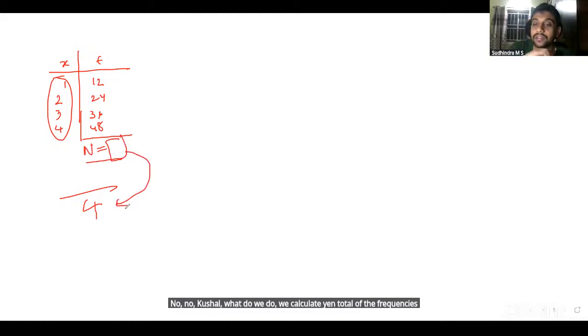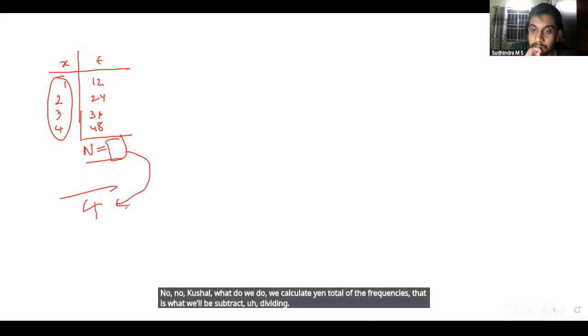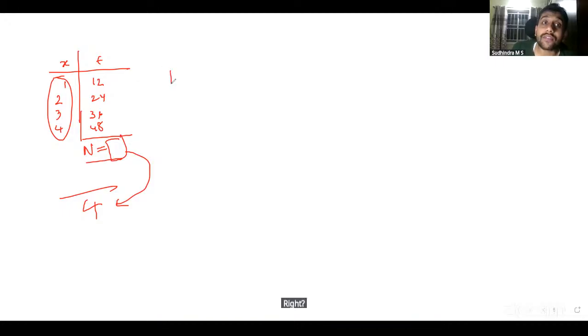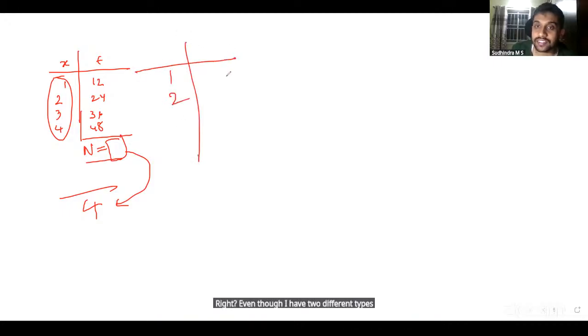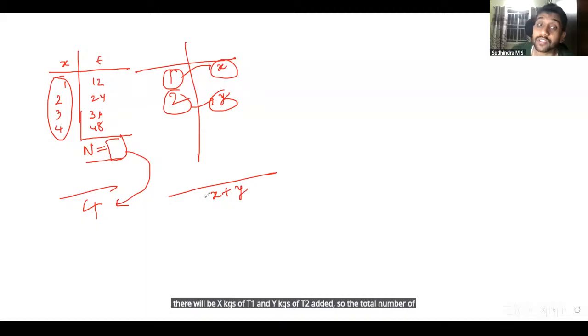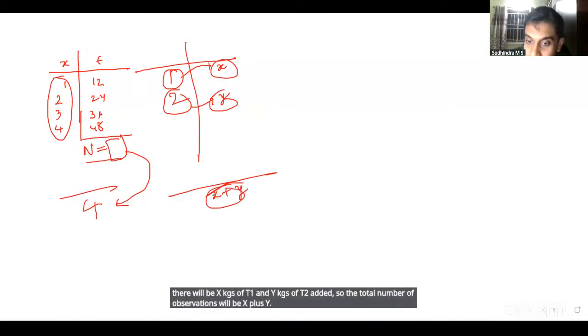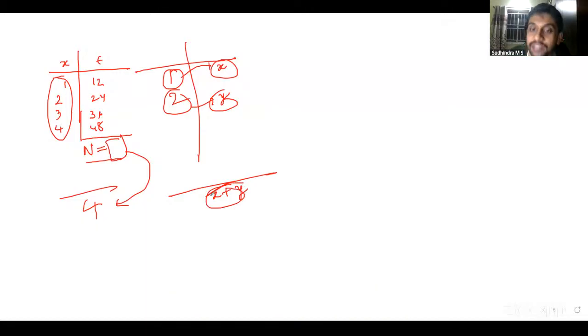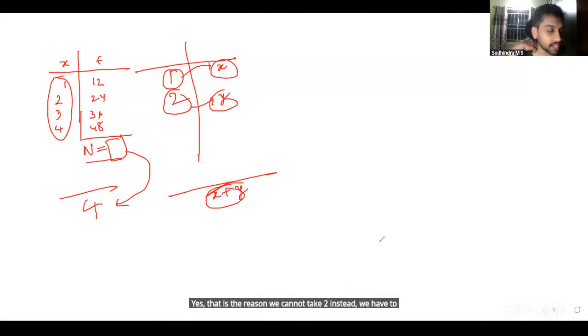That is what we divide by. Correct. Even though I have two different types of tea in this case, I am not adding only 1 kg of T1 and 1 kg of T2. There will be X kgs of T1 and Y kgs of T2 added. So the total number of observations will be X plus Y. That is the reason we cannot take 2, instead we have to take X plus Y. Clear?